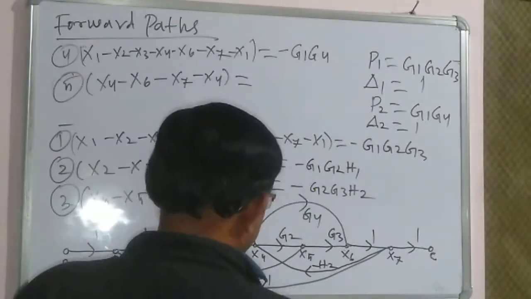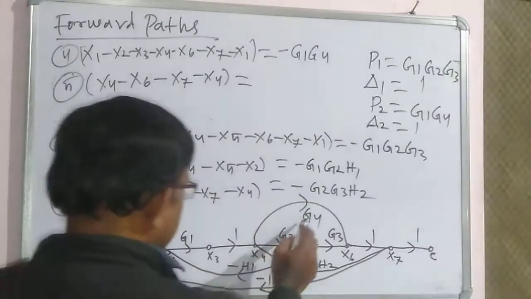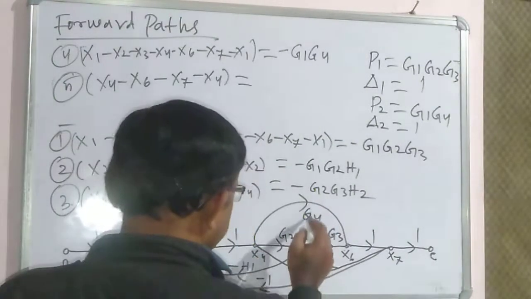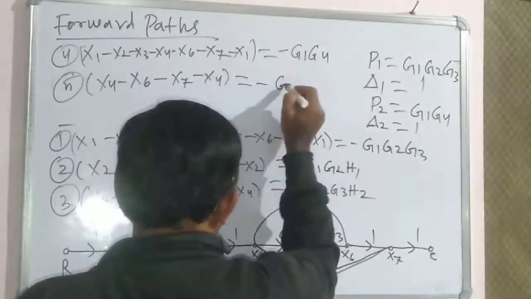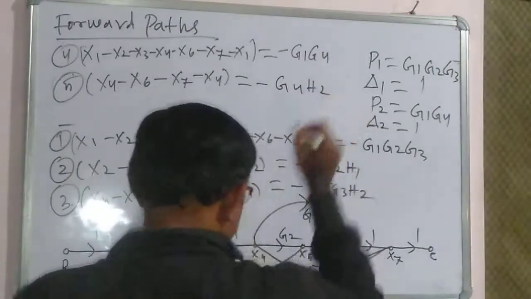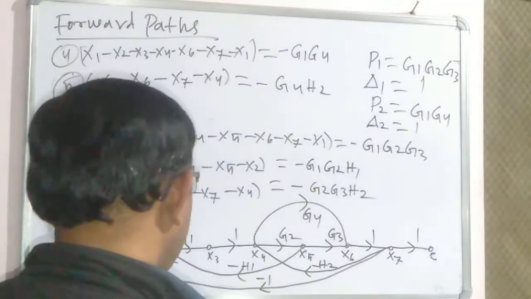Very interesting. So the gain is G4 and minus H2, so minus G4 H2.